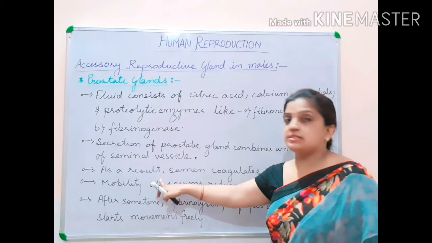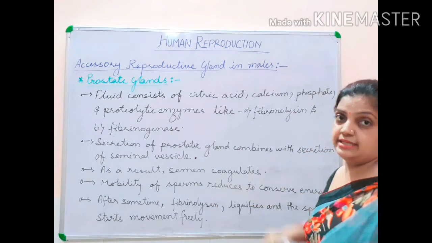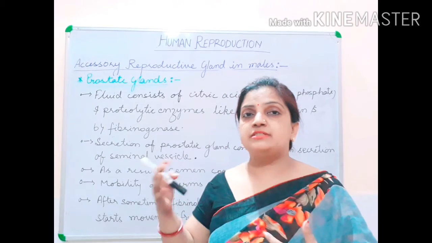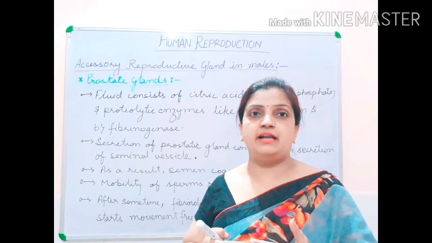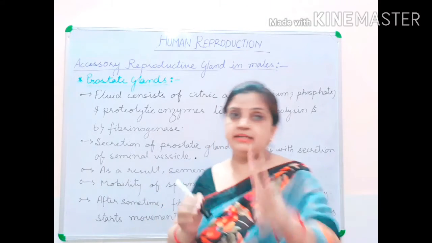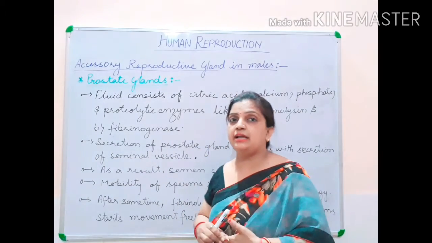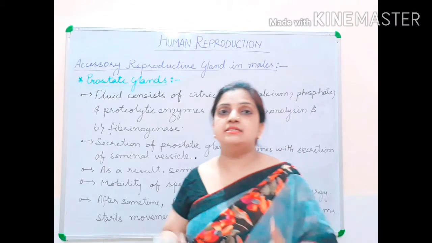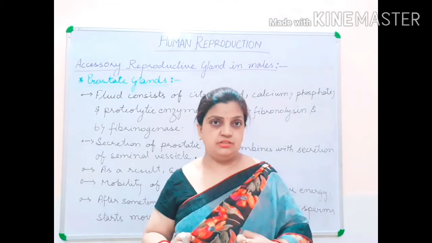As a result, semen coagulates. After the combination of seminal fluid with the prostatic fluid, the semen starts coagulating. I told you that there are two proteolytic enzymes which help in coagulating. And why do they coagulate? So that the semen can conserve energy.